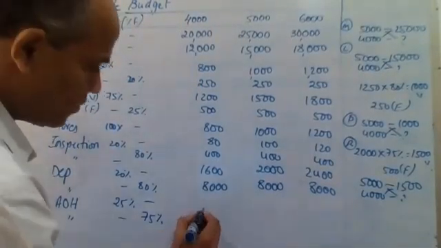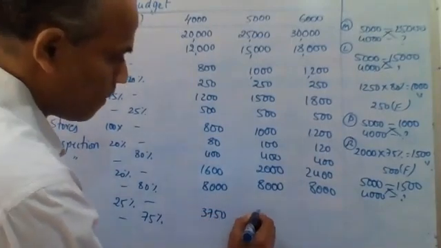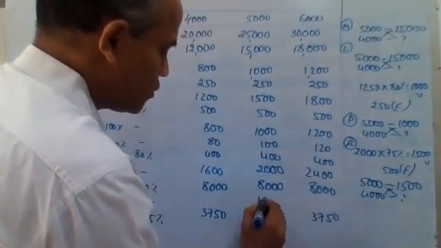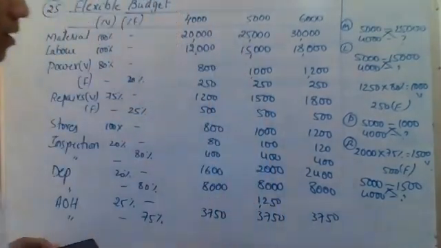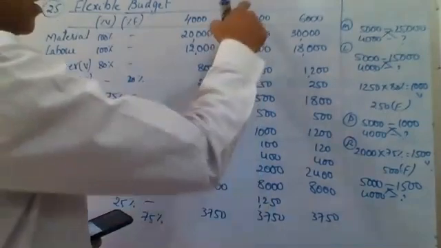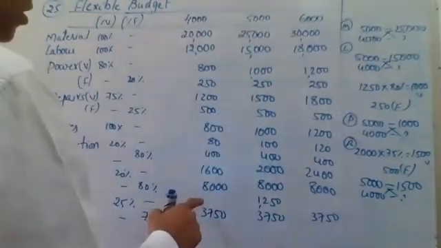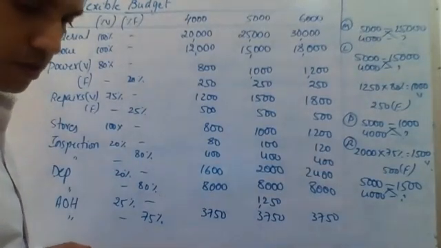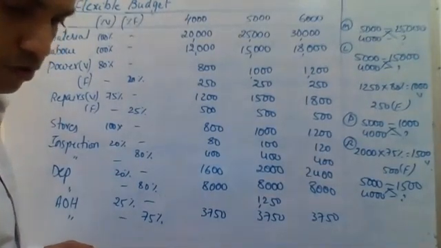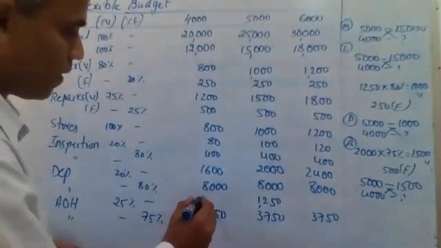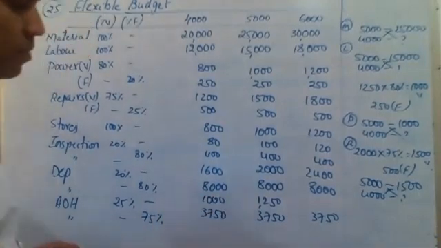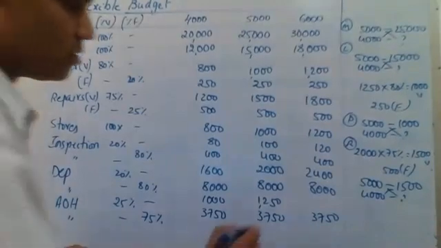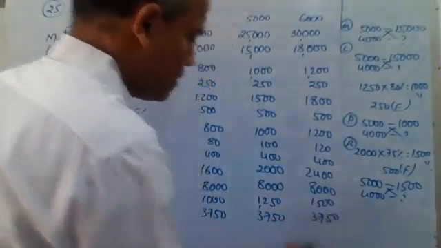So 3,750 is fixed. Remaining 1,250 is variable. If 1,250 is for 5,000, how much will it be for 4,000 units? 1,250 divided by 5,000 into 4,000. This will be 1,000. How much for 6,000? It will be 1,500.